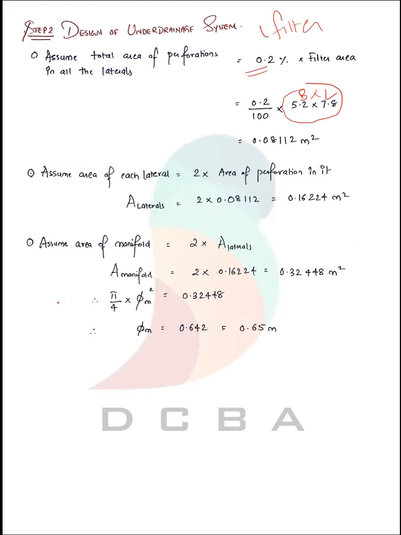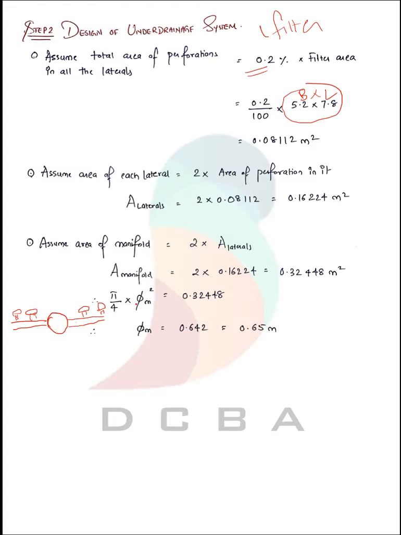Now our central manifold is at the center, right, and adjacent are the laterals, and on these laterals we have some perforations. So through these perforations the water is going to go in the laterals, and from the laterals the water is going to go in this central manifold.